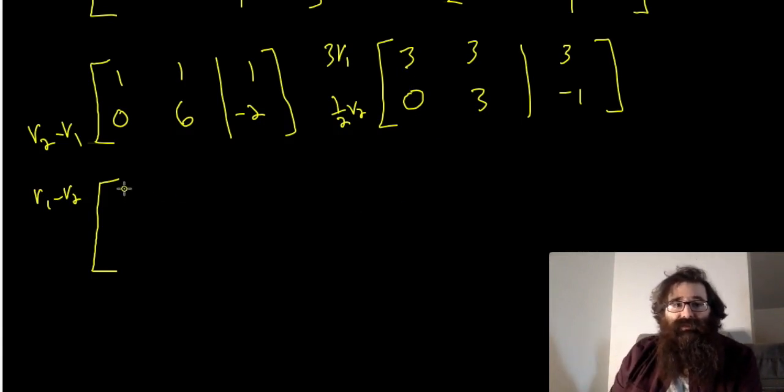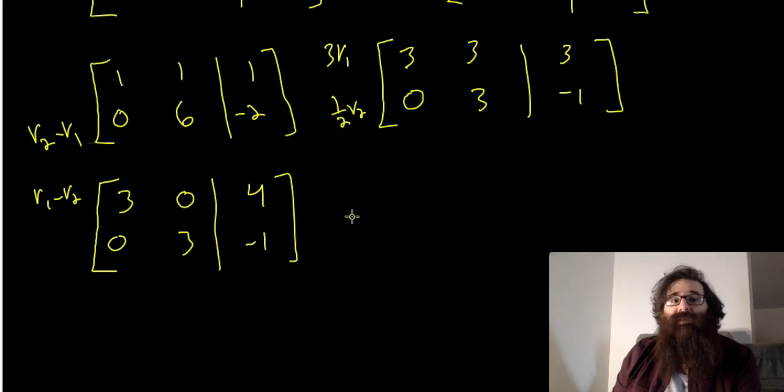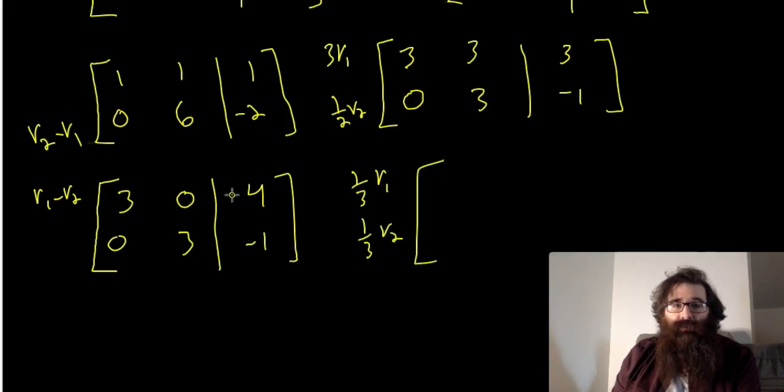I get 3 minus 0 gives me 3. 3 minus 3 gives me the 0 that I wanted. And 3 minus -1, that's 3 plus 1 gives me 4. And then rewriting row 2. Now, at this point, I'm pretty much solved. I just want to scale. I'm going to scale row 1 and row 2 by 1/3, so I can get my result out.